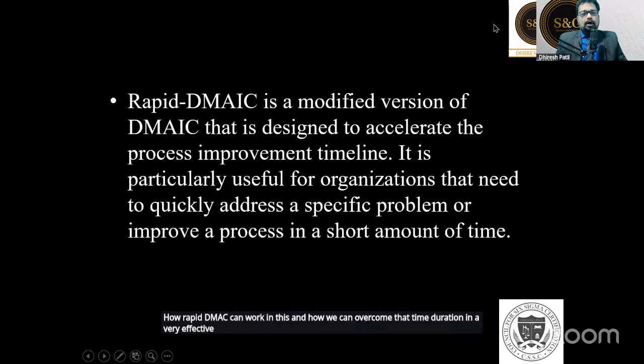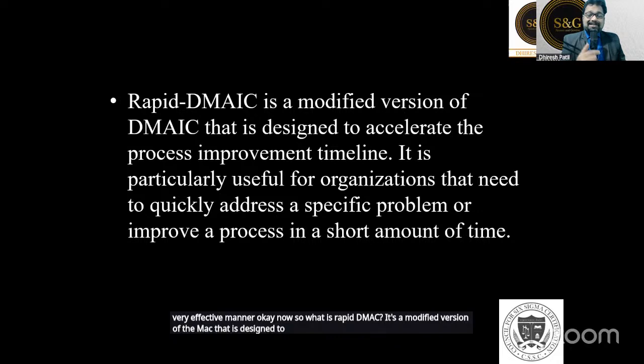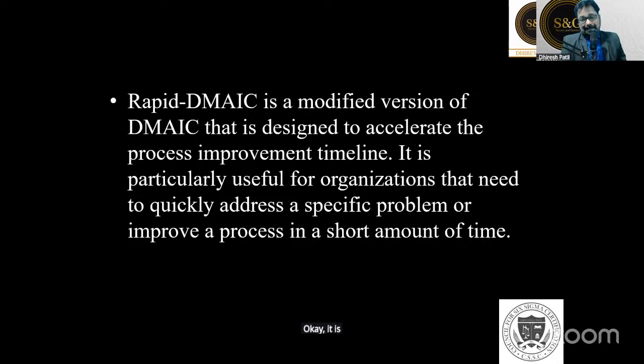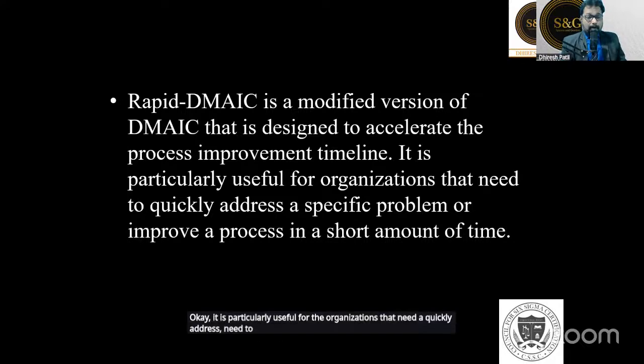So what is rapid DMAIC? It's a modified version of DMAIC that is designed to accelerate the process improvement timeline. It is particularly useful for organizations that need to quickly address a specific problem or improve a process in a short amount of time.